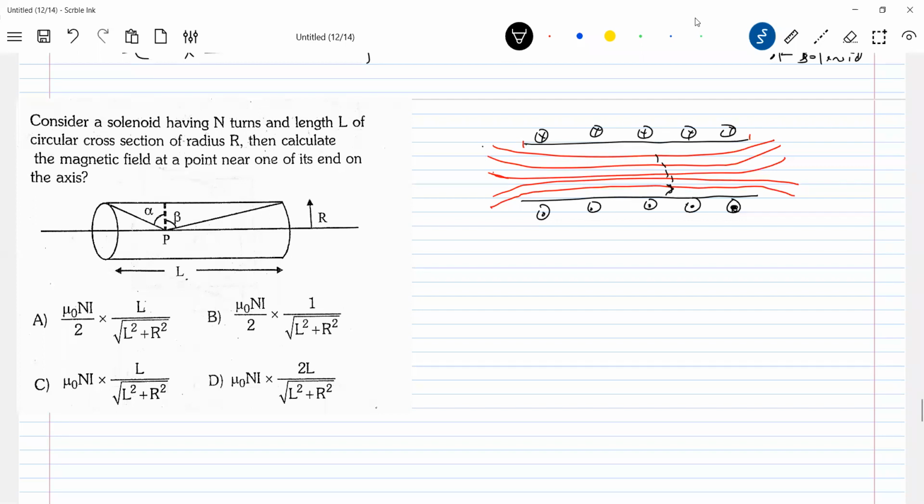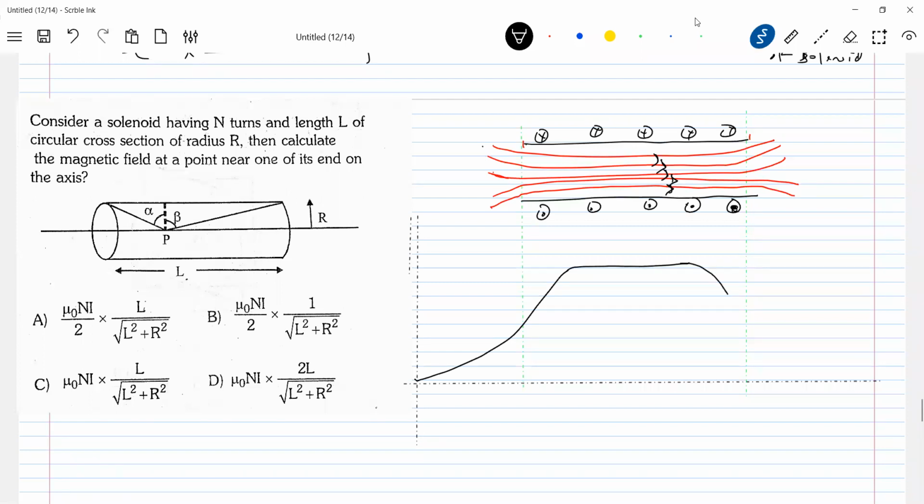If I plot the variation of the graph of B bar, somewhere in this region we take it to be constant.